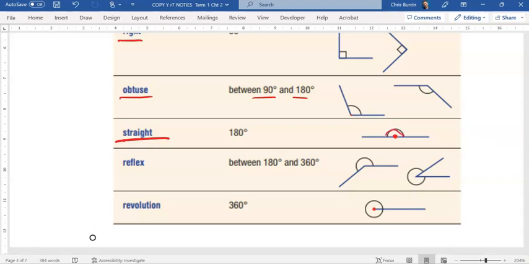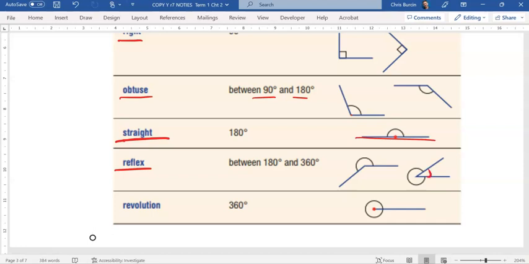Just out of curiosity, what's the other side of that angle? How much is that worth? Just this side: another 180, because 180 plus 180 gives us the full revolution. So if we're going on an angle that's bigger than a straight line, but hasn't quite made it to 360, that's a reflex angle.